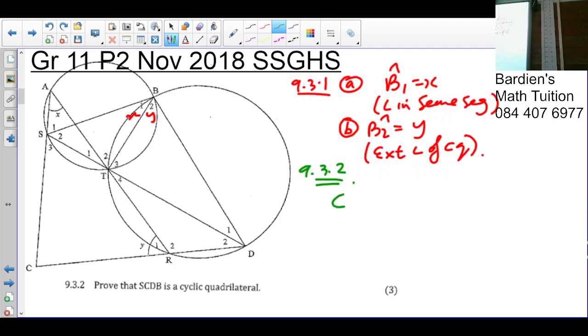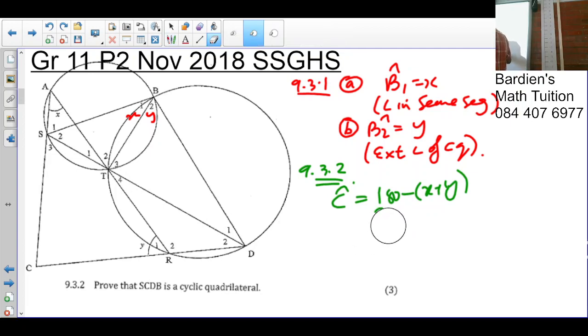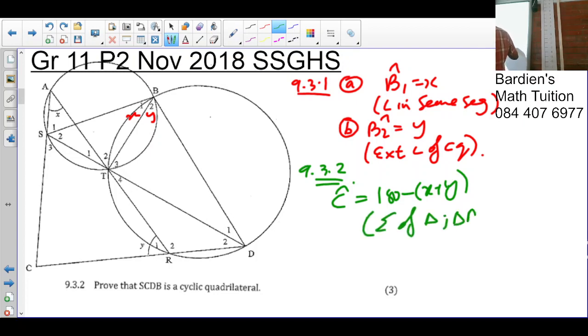The reason is not the exterior angle, but the sum of angles in the triangle, and it's triangle ACP. Here, 180 minus x plus y.